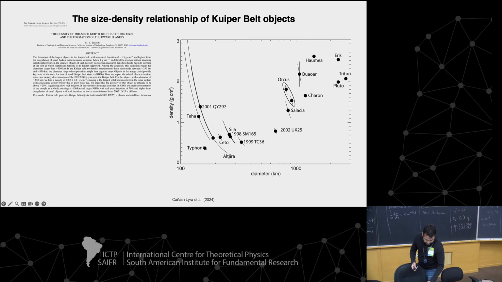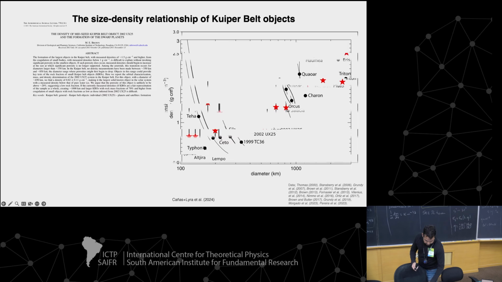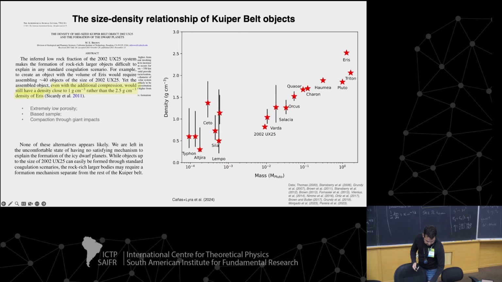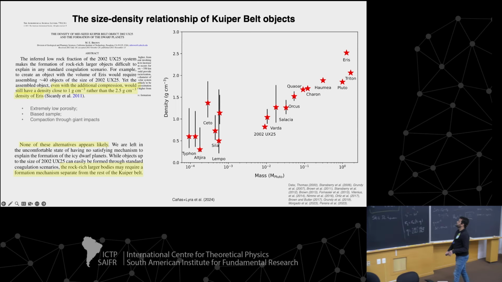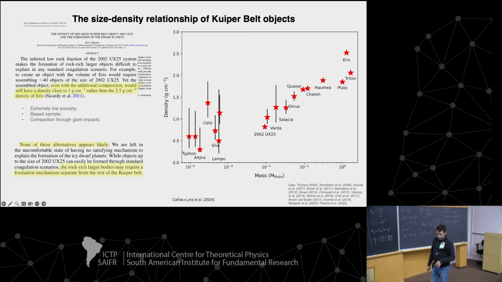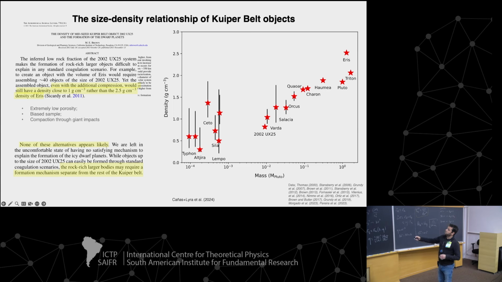And that was hinted at, actually, even here by this article by Mike Brown, saying that even with the additional compression that you have from gravity, the density would still be close to 1 if they're all made of ice. The density 2.5, which is the density of Aries here, is much closer to the density of silicates.